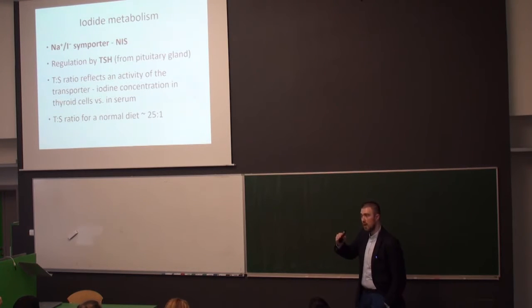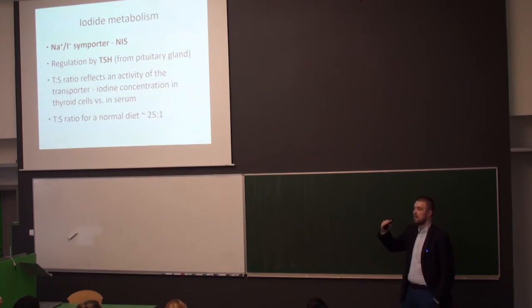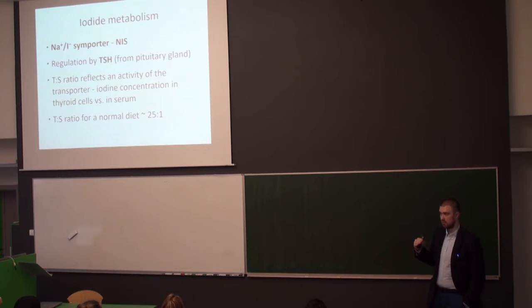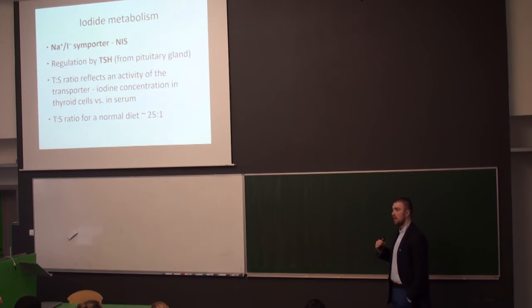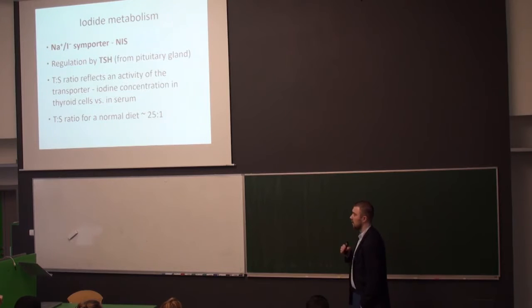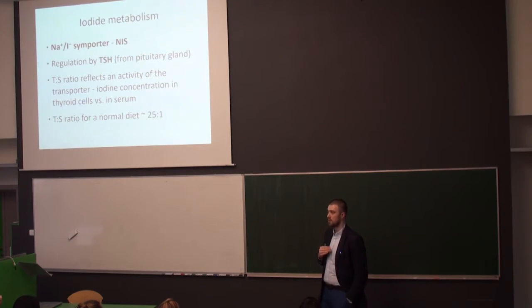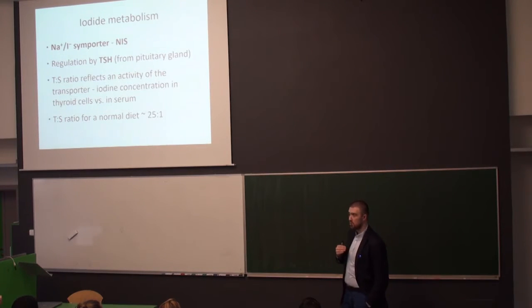That means 25 times higher concentration of iodine in the thyroid gland than in serum. If you have iodine deficiency in the food, the transporter will work even more actively and the ratio will grow, yes, since it tries to catch as many iodines as it can.